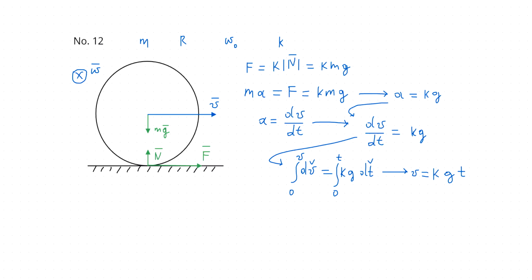So if it is X, if it is Y, the direction must be something like that, minus X. I mean this way, inside of the screen. Torque must be something like that.